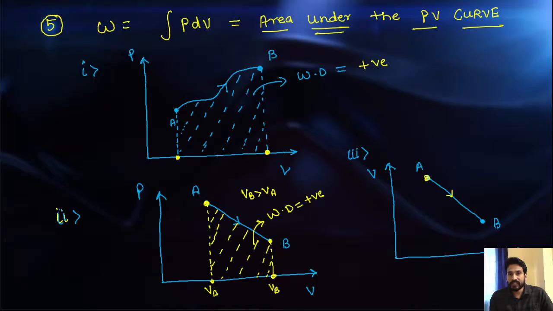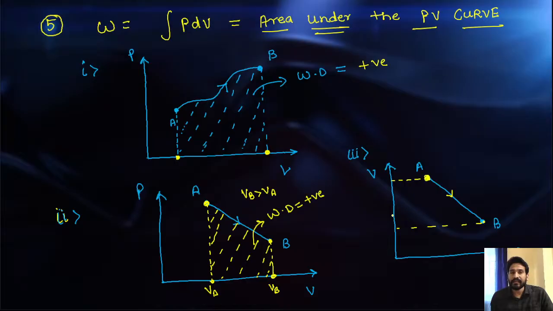If you can see here at the point A, just pay attention at the volume axis. Forget about the pressure axis. So at the point A, this is my volume, and at the point B, this is my volume.